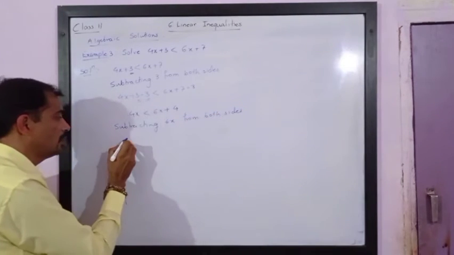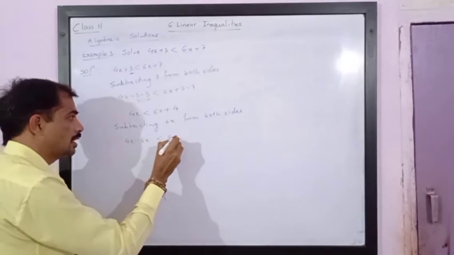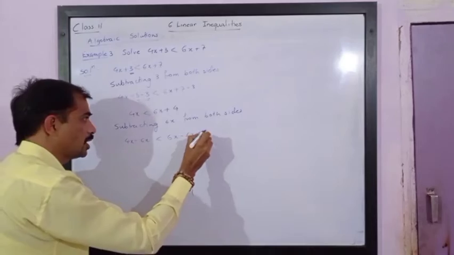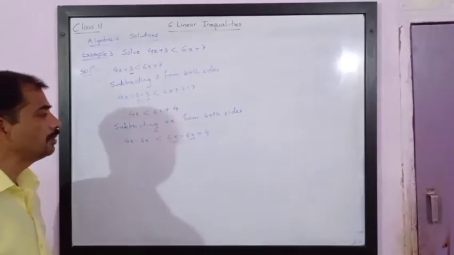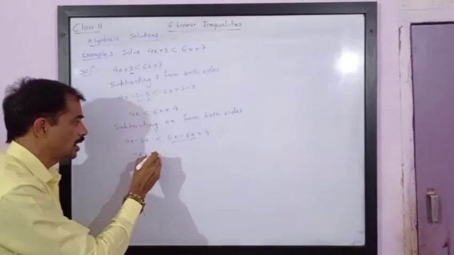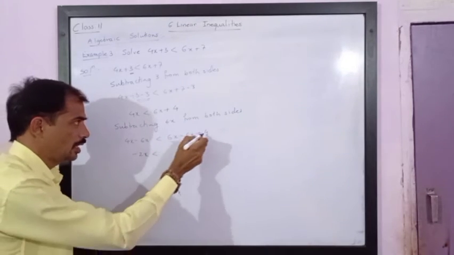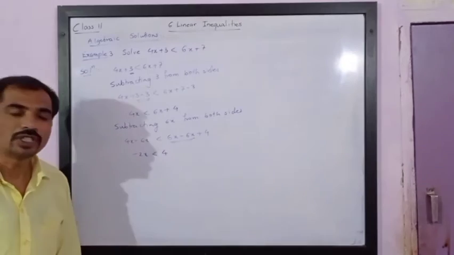We will get 4x minus 6x is less than 6x minus 6x plus 4. Please note, 6x minus 6x will get eliminated. This will be 0, and we will get negative 2x is less than 4. Now watch carefully.